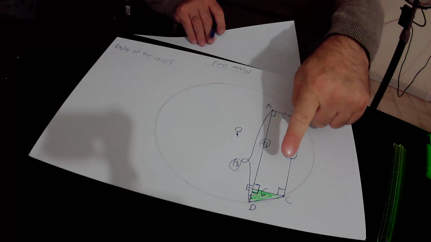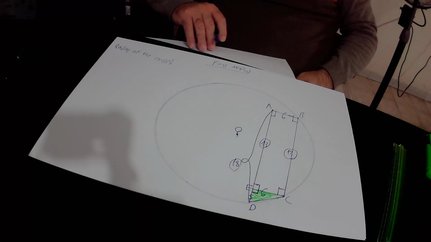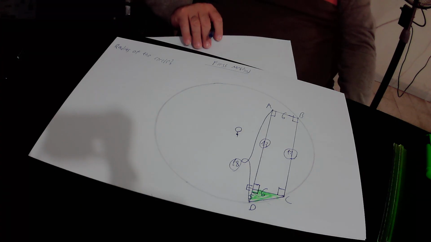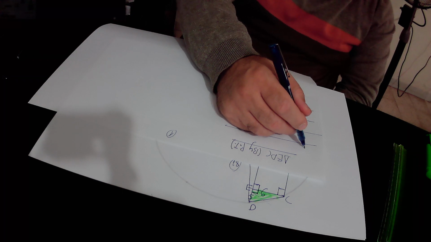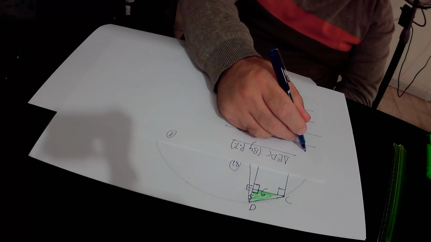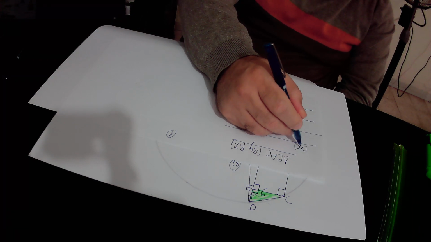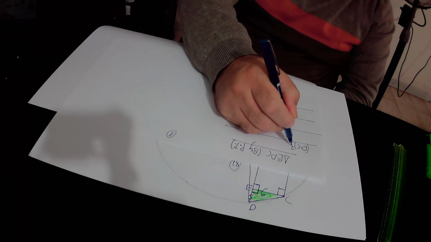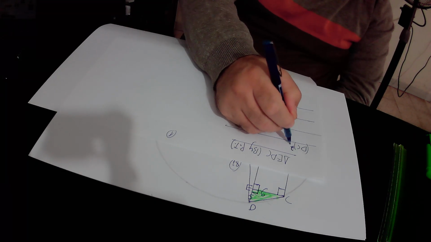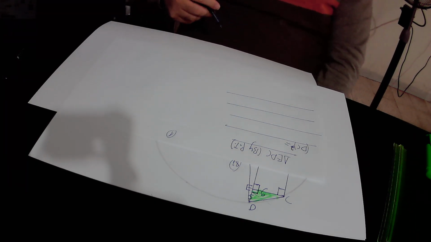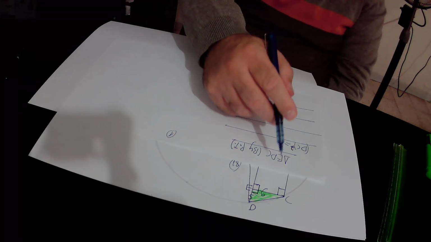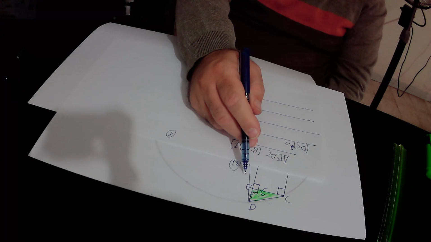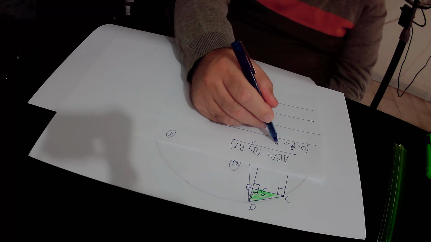The hypotenuse in the green triangle EDC is DC, therefore the square of the hypotenuse is DC squared. And it must be equal to the sum of the squares of the perpendiculars, that is to say, CE squared plus ED squared.